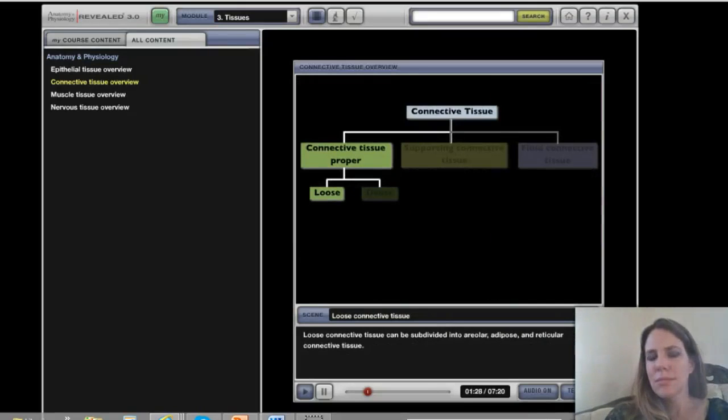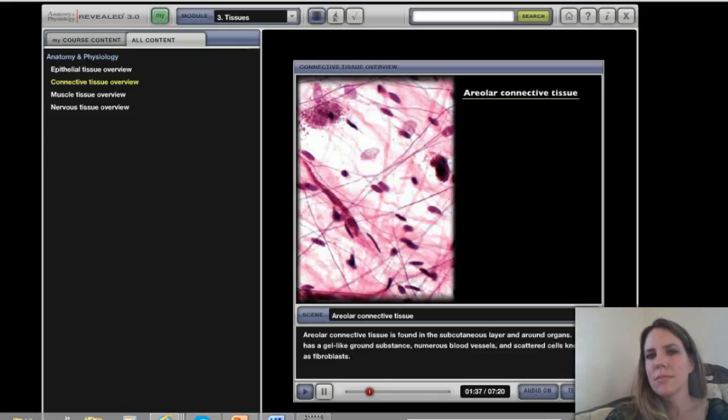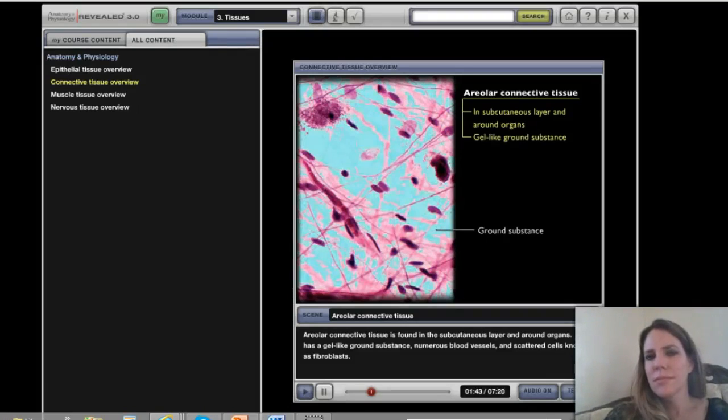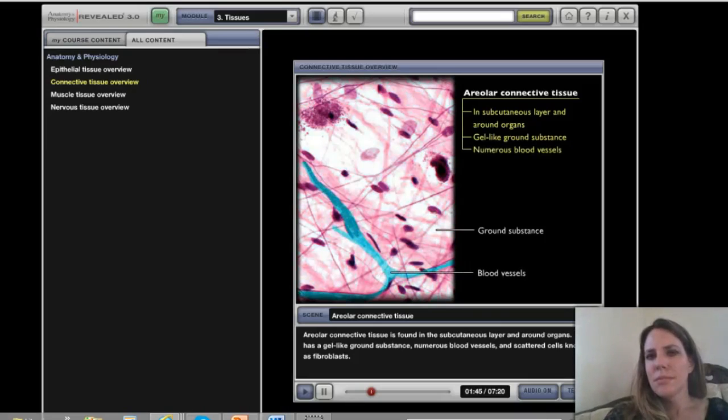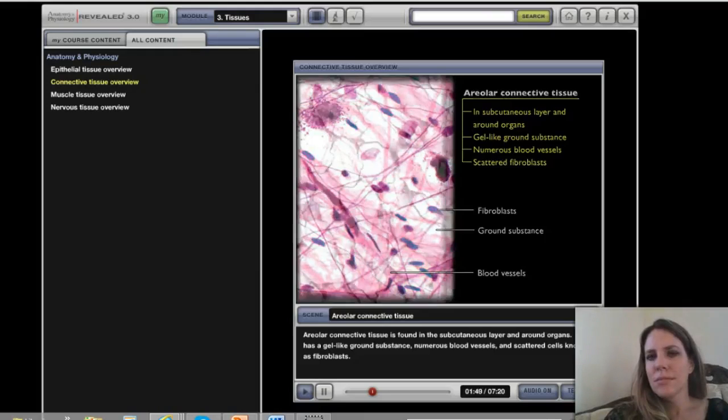Loose connective tissue can be subdivided into areolar, adipose, and reticular connective tissue. Areolar connective tissue is found in the subcutaneous layer and around organs. It has a gel-like ground substance, numerous blood vessels, and scattered cells known as fibroblasts.